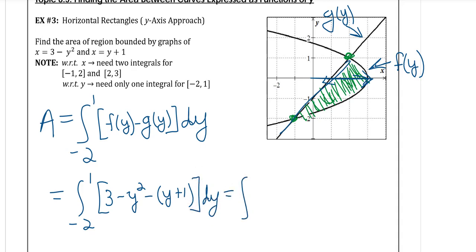So this is going to equal the integral from negative 2 to 1. Simplifying everything, we get 2 minus y squared minus y dy.